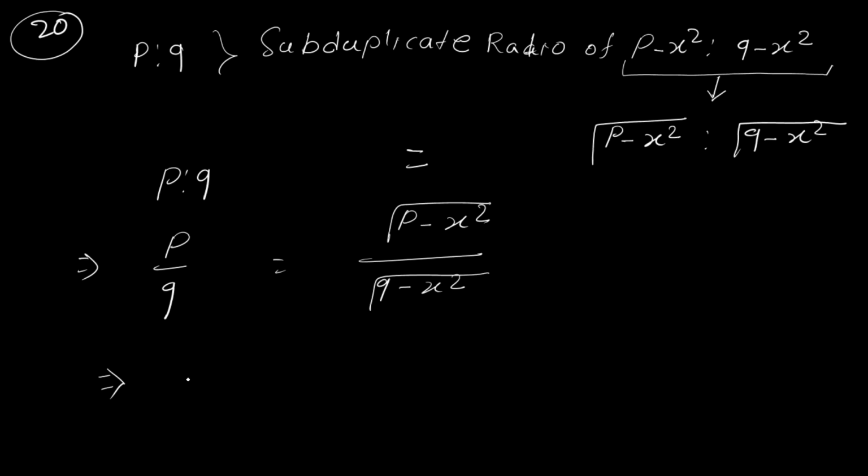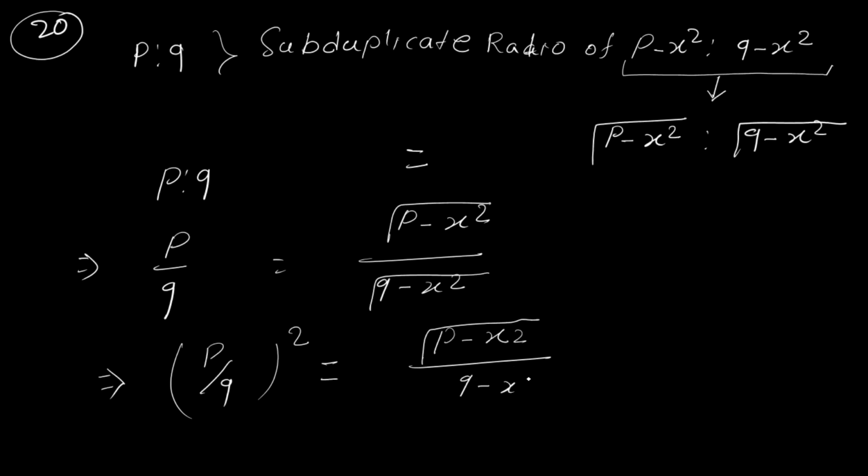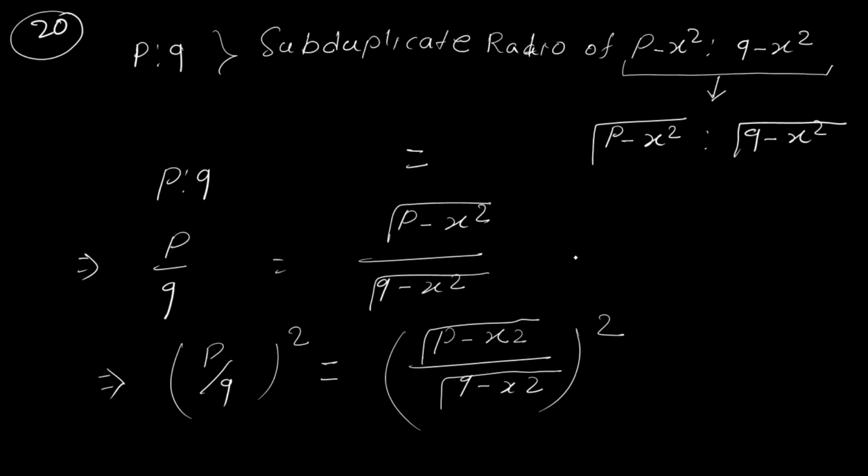Now you see, p by q we will square, and then you have to square both sides. You have to square both sides, right? So q minus x square, for this also square. Am I right? Right, sir. So simply it will become p square divided by q square, and on this side, if I put a square, this root will go off.